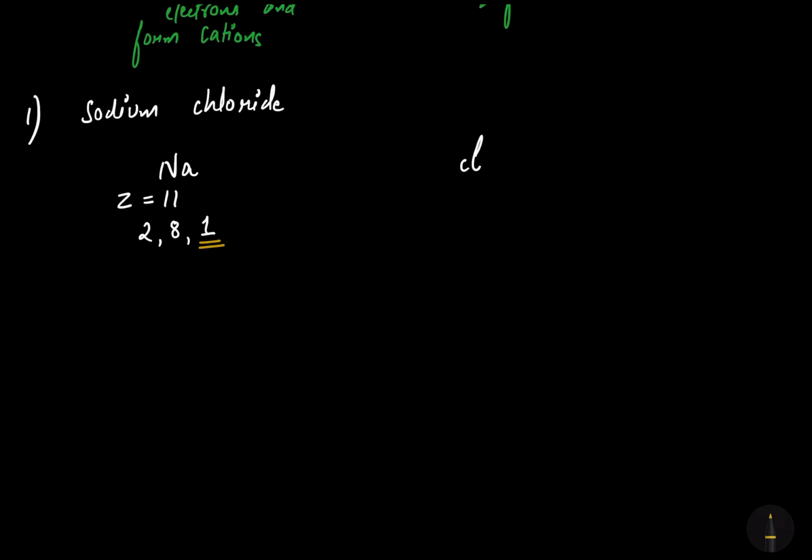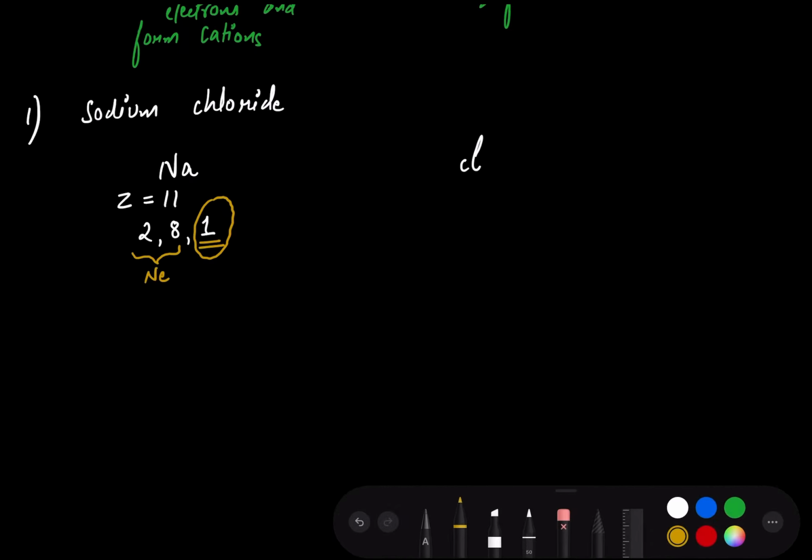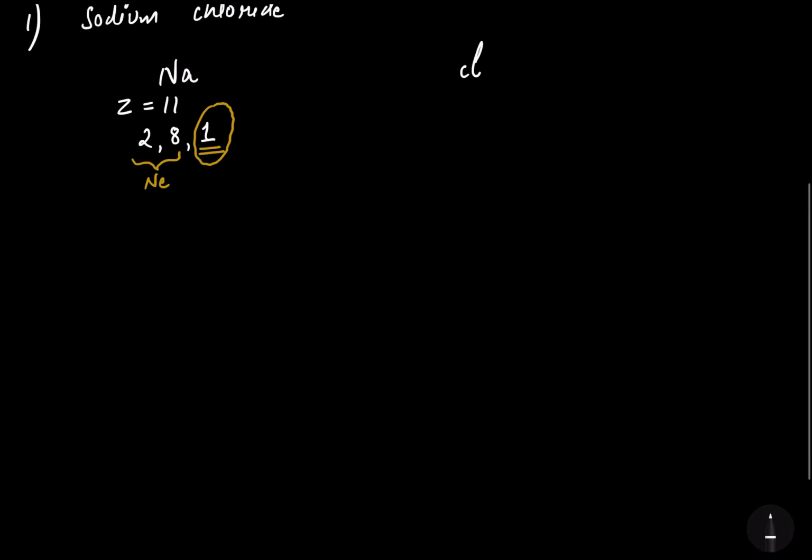Now sodium will try to lose this electron and achieve stable electronic configuration of nearest inert gas, neon. So here sodium will gain an energy called ionization energy. We have done about the ionization energy in the previous lectures of periodicity.